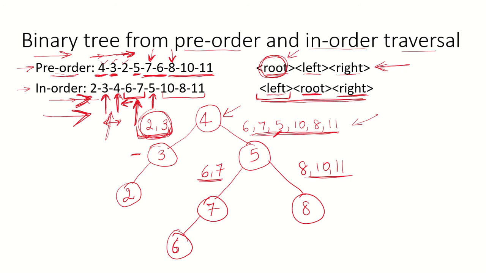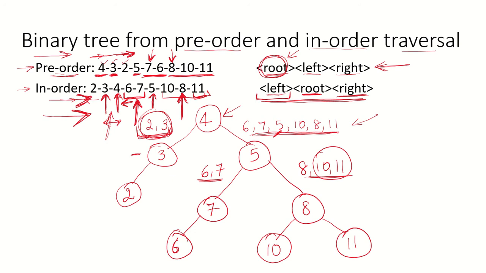But for 10 and 11, we have to check whether they belong to the left or to the right of the root node 8. Again we scan the in-order traversal and find the root element 8. We see that 10 is on the left hand side of 8, so it will be on the left side, and 11 is on the right side of 8. That means it will belong to the right subtree.